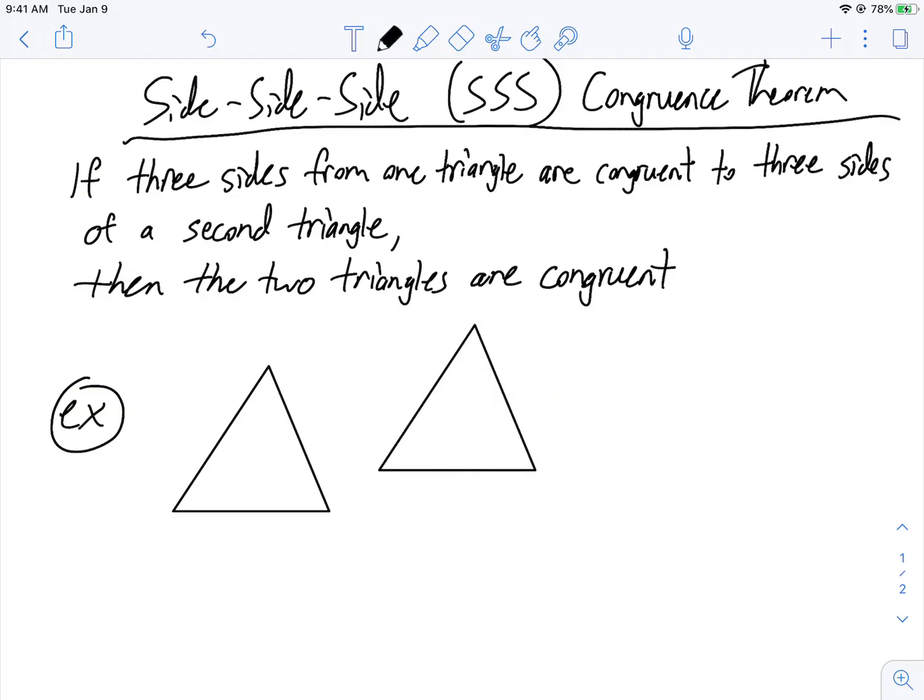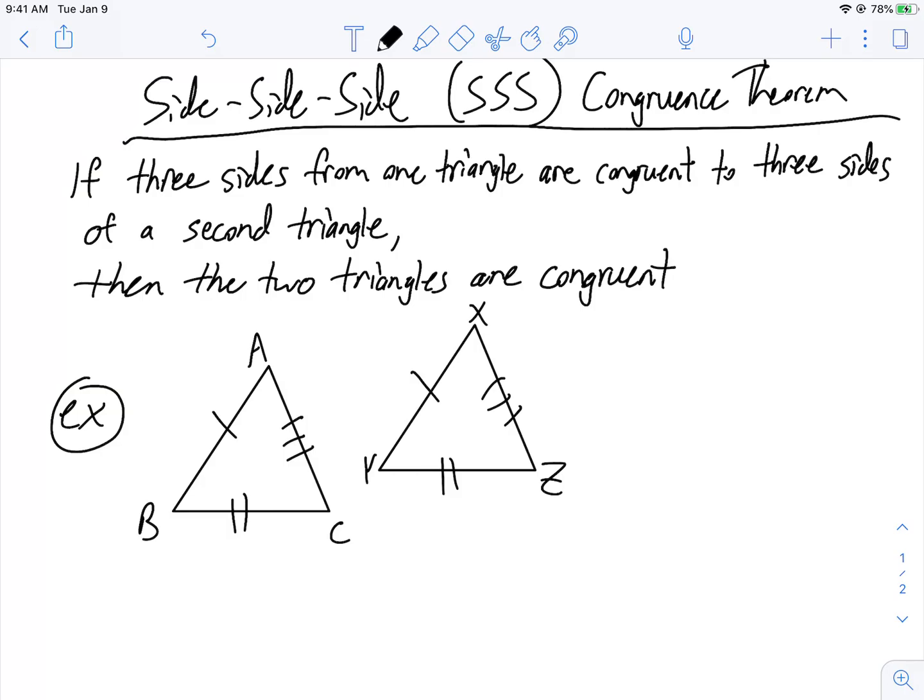Okay, so we've got these two triangles, A, B, C, X, Y, Z, and we've got some congruences. Now, when we look at these two triangles, all three sides from one triangle are congruent to all three sides from another triangle.